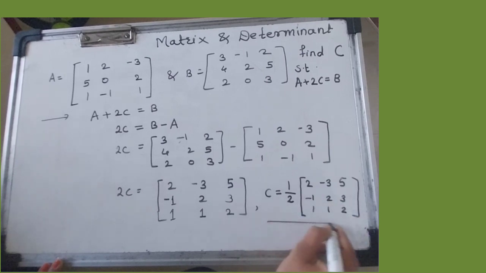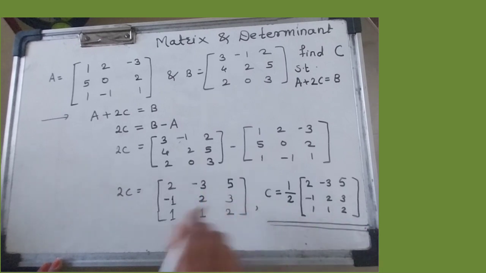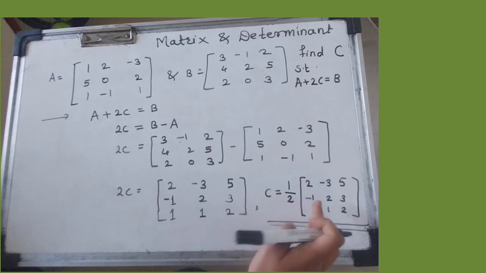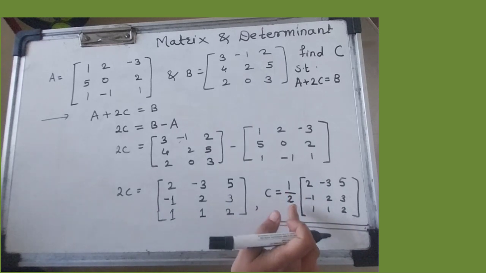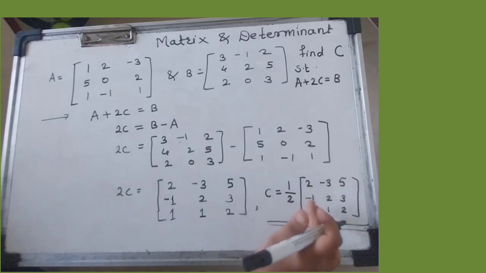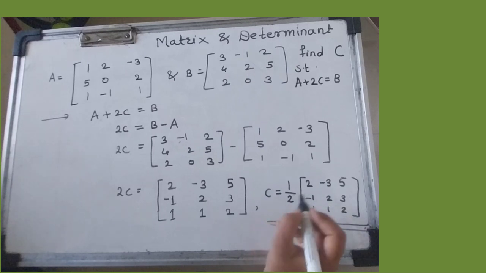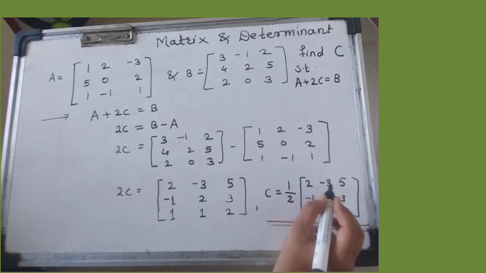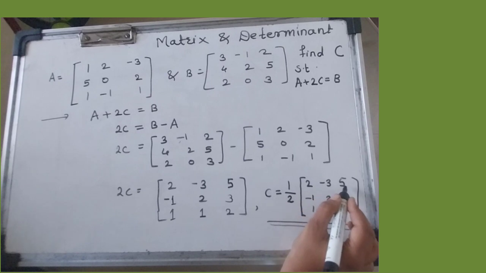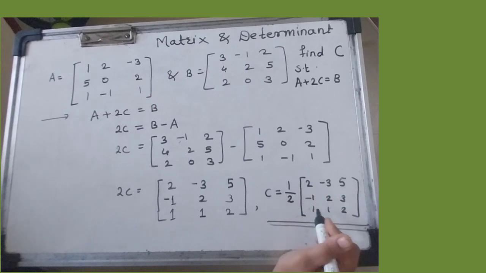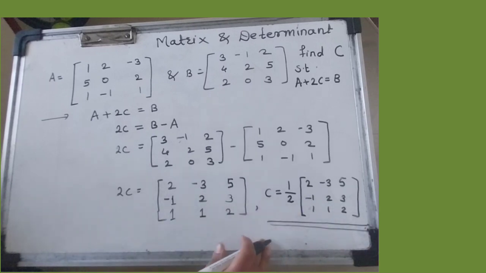This is my required answer, this is the C matrix. You can multiply 1 by 2 with each and every element of this matrix. Means the C matrix is: 2 by 2, it is 1; next is minus 3 by 2, 5 by 2; minus 1 by 2, 2 by 2, it is 1, 3 by 2; 1 by 2, 1 by 2, 1. So this is the required answer.